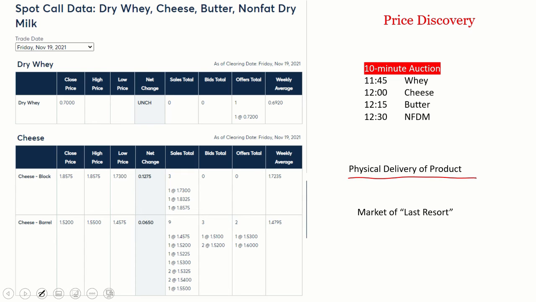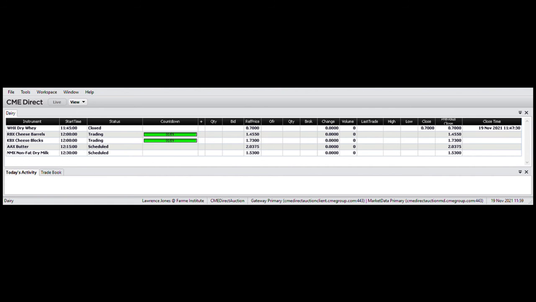Oftentimes this is referred to as the market of last resort: I need a load of cheese, or I have to get rid of a load of cheese and I don't have a buyer, so I'm going to put it on the spot market. At 11:45 is whey, 12 o'clock is cheese, 12:15 is butter, and at 12:30 is non-fat dry milk.